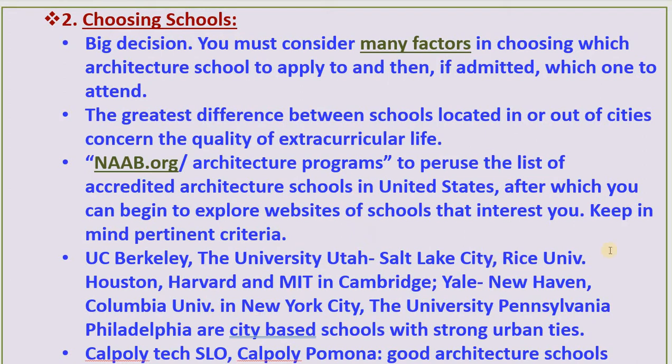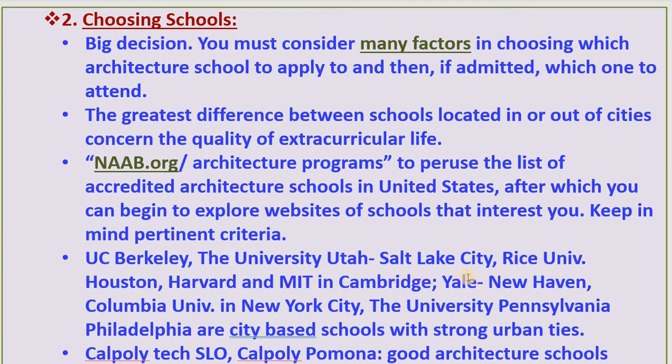These are some of the schools that have the architecture major: UC Berkeley, University of Utah in Salt Lake City, Rice University in Houston, Harvard, MIT. MIT is the first school to have an architecture major.